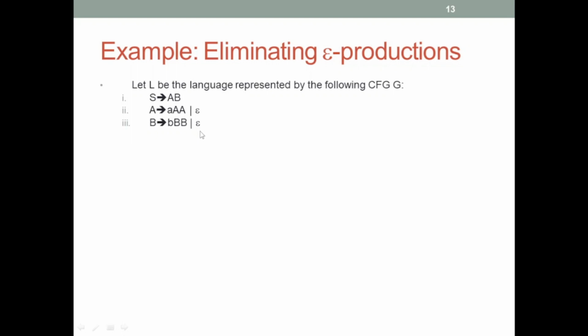So you can see here there are two null productions, that is A derives to epsilon and B derives to epsilon. So first construct G1, which is the grammar having the language L minus epsilon, that is, you have to remove the null. The nullable symbols are capital A and capital B.